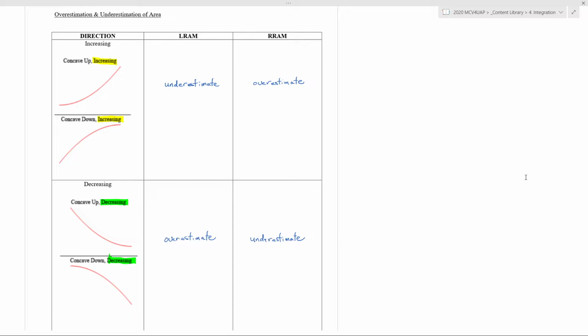You don't need to memorize that chart. It's best if you can just sketch the shape of the graph and draw one rectangle, and you can tell from just drawing one rectangle using LRAM or RRAM whether your area would be an underestimate or an overestimate.